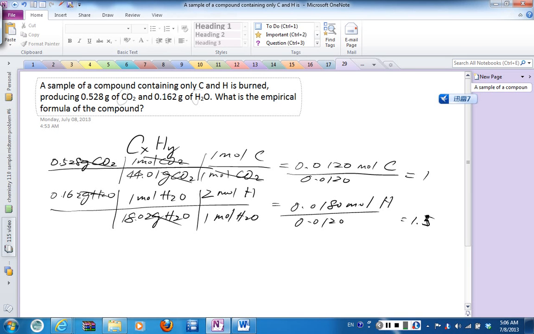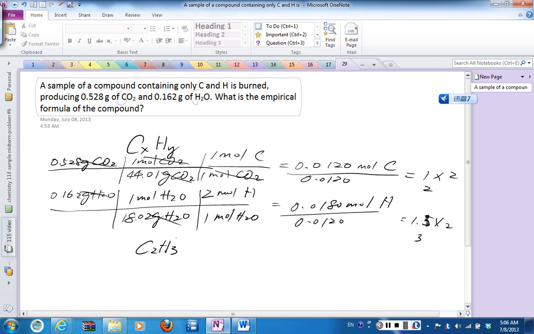Since we can't use fractional numbers as subscripts, we need the smallest whole number ratio, so we need to double that, and if we double 1.5, we need to double 1 as well. So this is 2 for carbon, 3 for hydrogen, and the ratio between carbon and hydrogen is going to be 2 to 3.